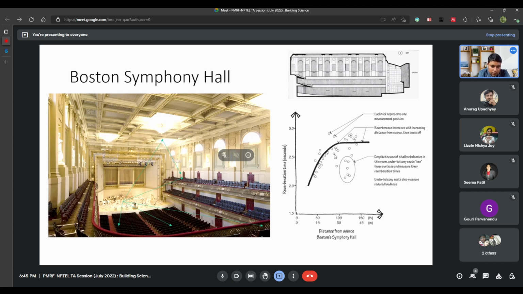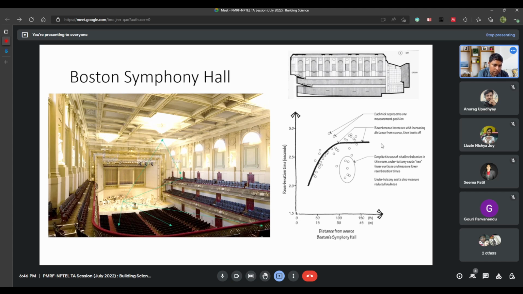If you look at the graph here, the reverberance time increases with the distance from the source, and after a particular distance, the reverberance time flattens.